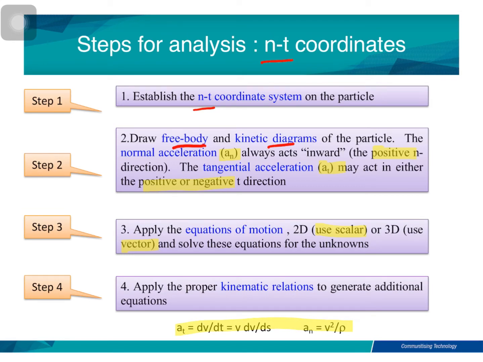Remember normal acceleration a n is positive toward the center of the circle, and the tangent acceleration a t can be positive or negative depending on the curved path and the direction of motion. The third step is to apply the equations of motion, and the fourth depends on the equation, you can use the kinematic relation.